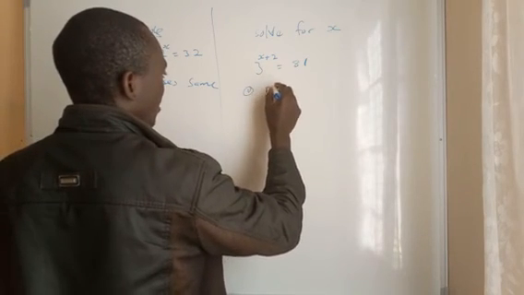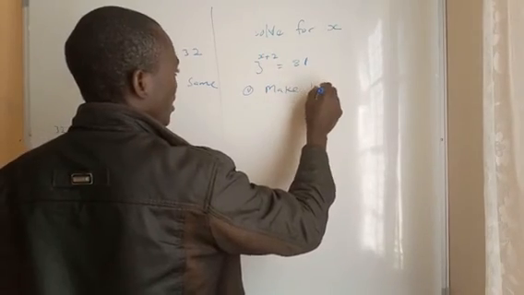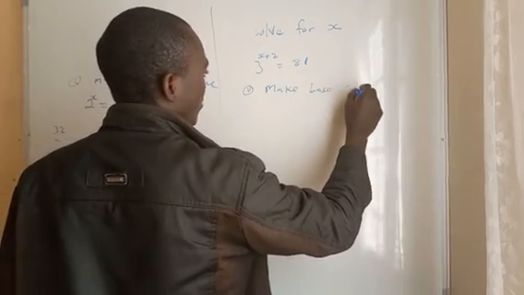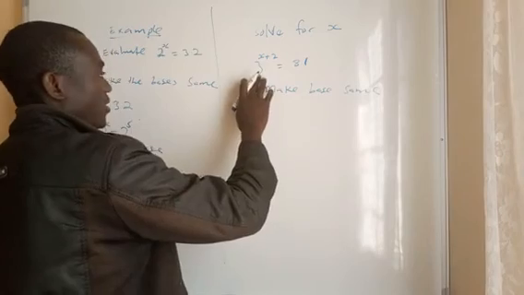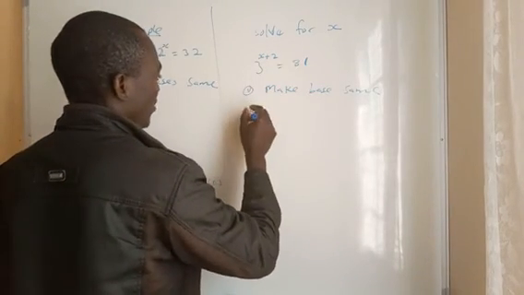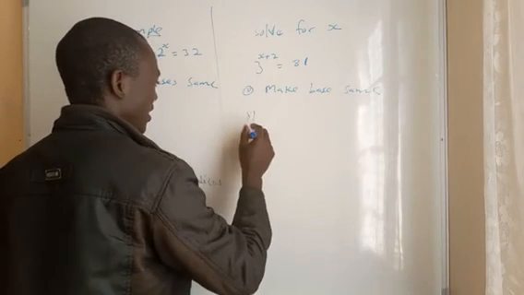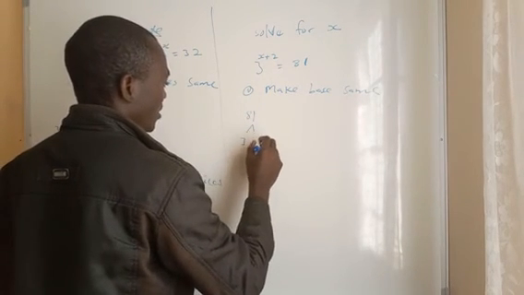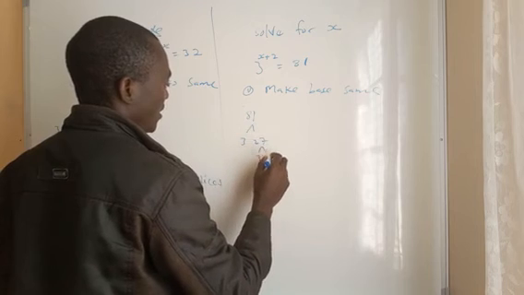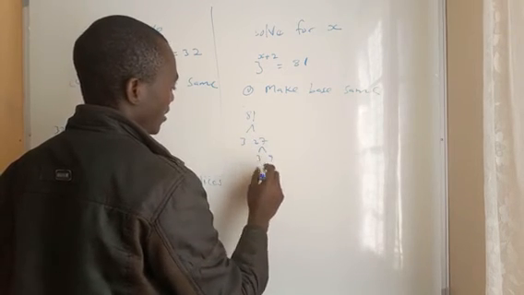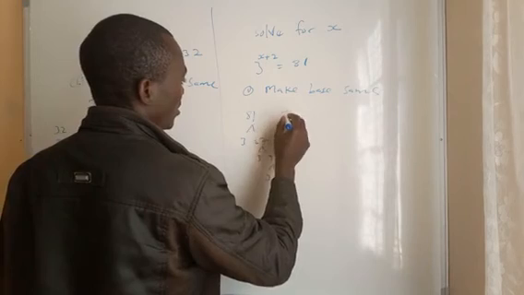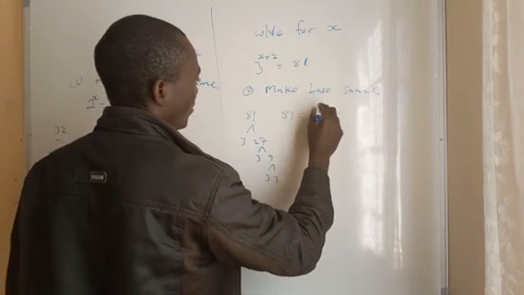Make the bases the same. We make 81 to the lowest number by finding the factors of 81 with respect to base 3. So 3, 27, 3, 9, 3, 3, 1, 2, 3, 4. So 81 is equivalent to 3 power 4.